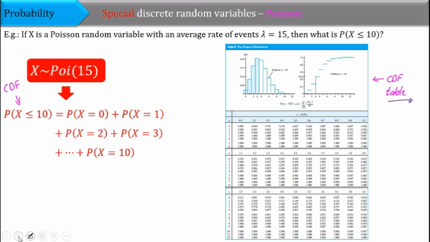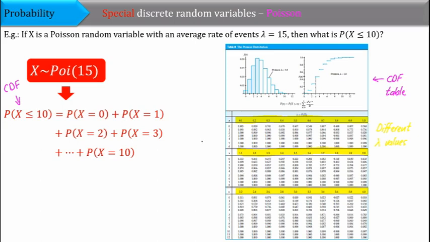If we look at what is illustrated on the table, we have these rows here, which contain different values for lambda, in other words, different averages. Now we saw from the previous examples that changing the average changes how the PMF looks, and that will of course change the probabilities.